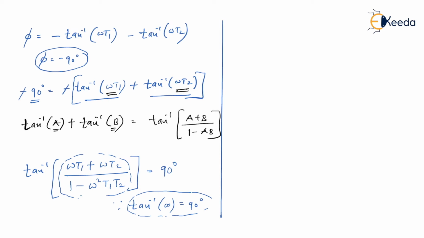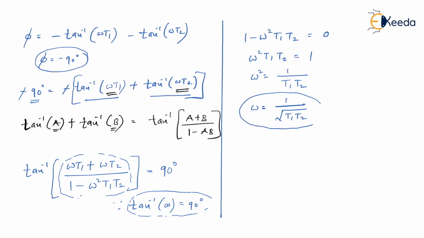So I can consider that 1 minus omega square t1 t2 equal to 0. In that case, I can say that omega square t1 t2 equal to 1, or omega square equal to 1 upon t1 t2, or I can in fact say omega equal to 1 upon under root of t1 t2. That's it.